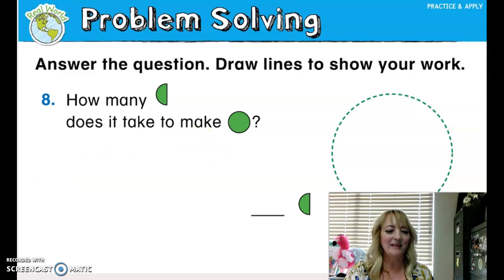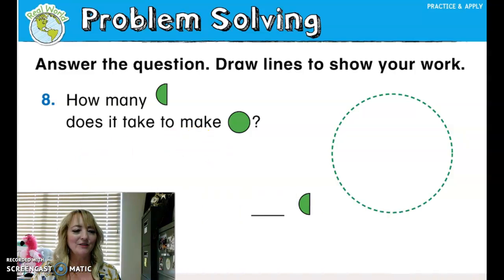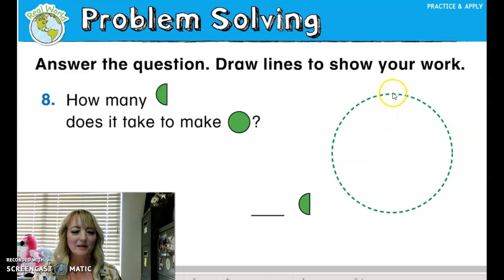Okay, let's go on. Here we have an answered question, draw lines to show your work. How many half circles or semicircles does it take to make a complete circle? So if we drew a line down the center of it to make equal parts, how many semicircles or half circles?